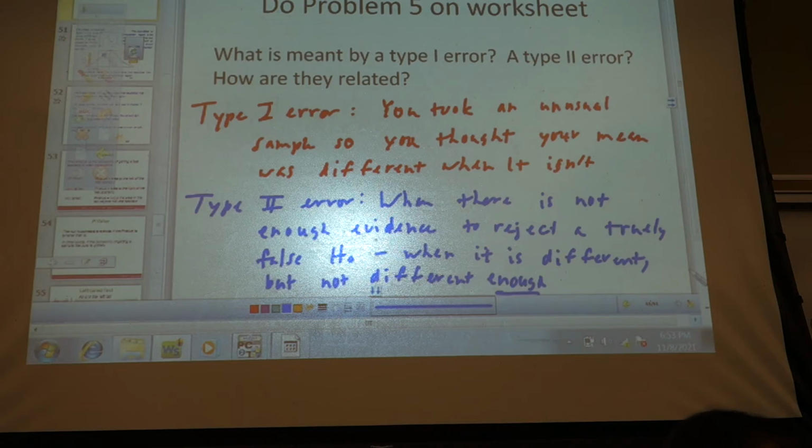So it's different, like you said, but we don't have enough evidence. It's not different enough to match up.